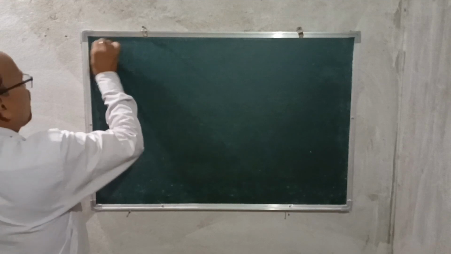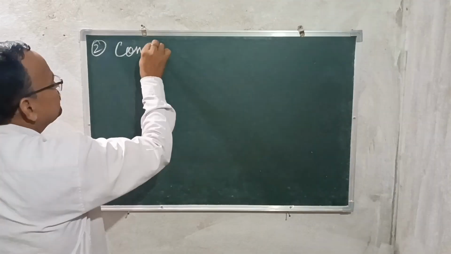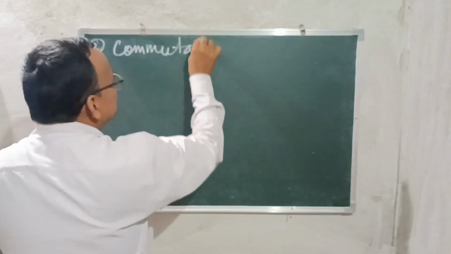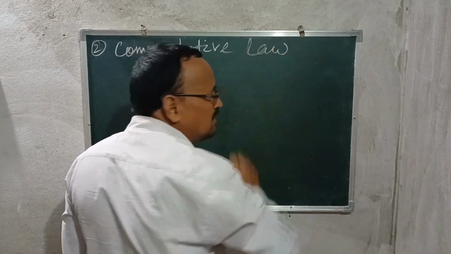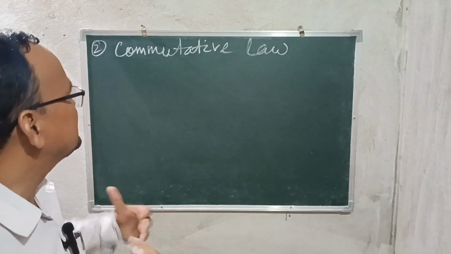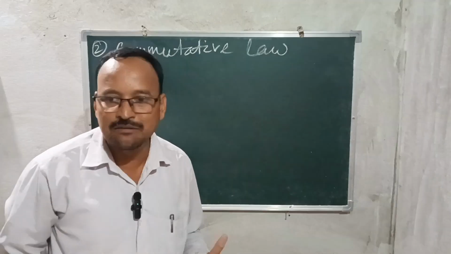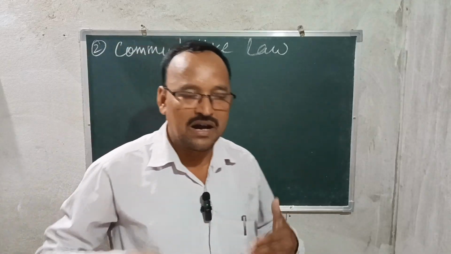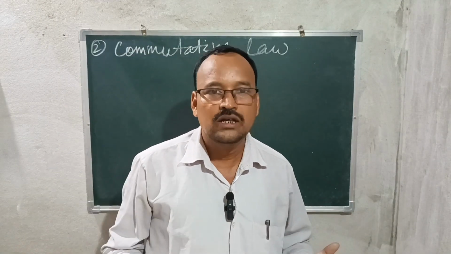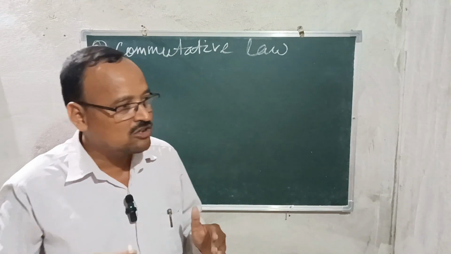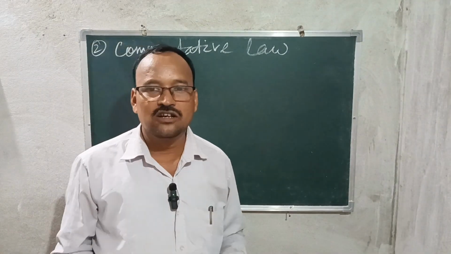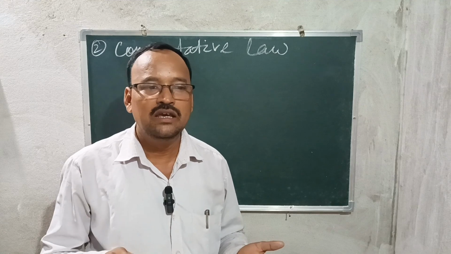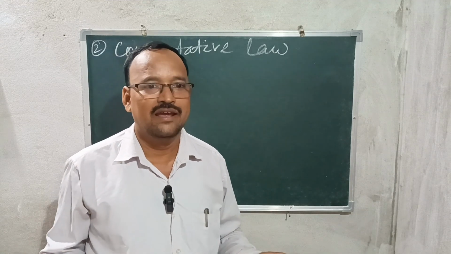Number 2, commutative law. It is like the commutative law of addition, which we already discussed in part 1 of the video: a plus b is equal to b plus a.